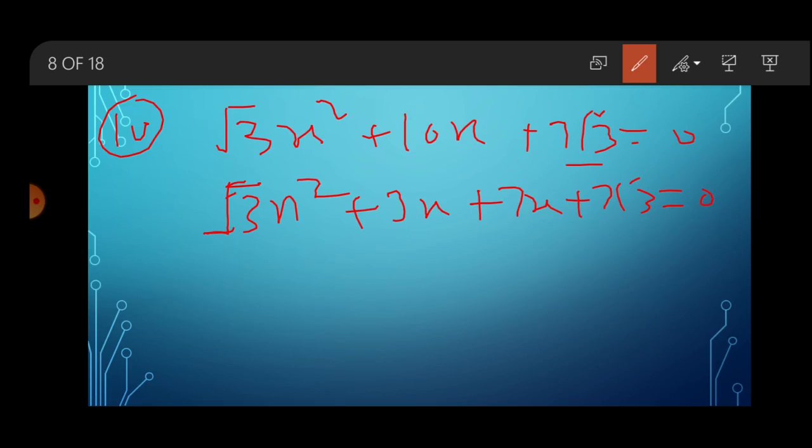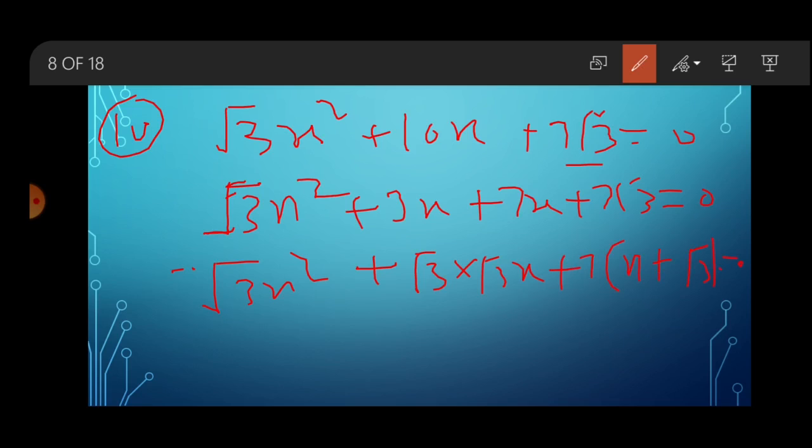Now looking here, we don't have anything common directly, but we know that this 3 can be broken into two parts: root 3 into root 3. So it will become root 3 x square plus 7. Now taking 7 as common, it will become x plus root 3 is equal to 0.